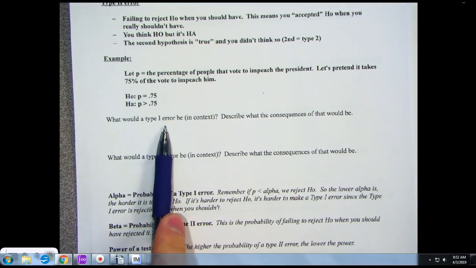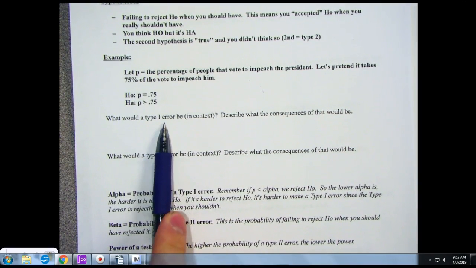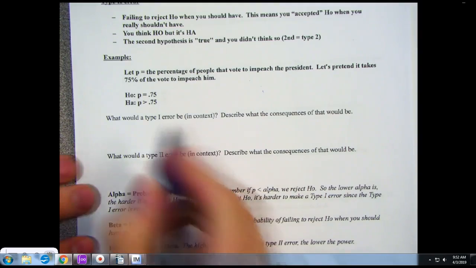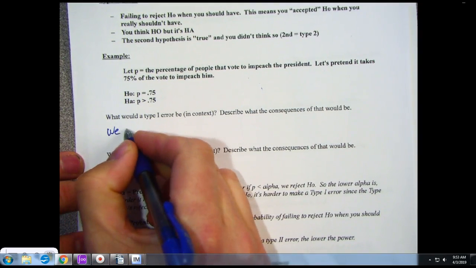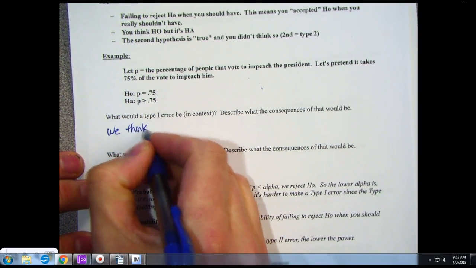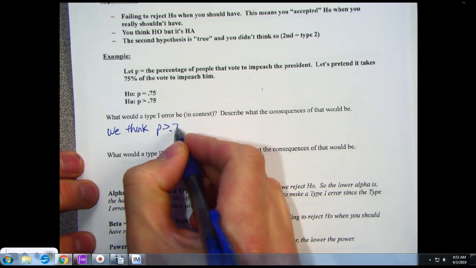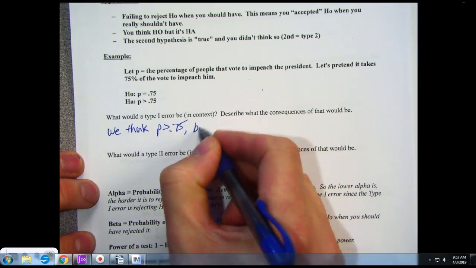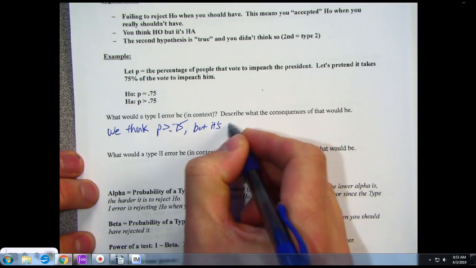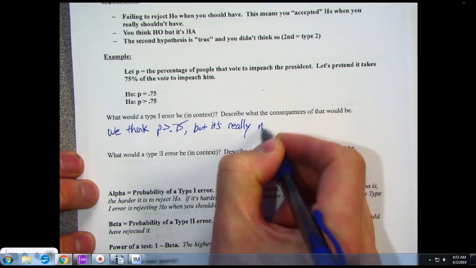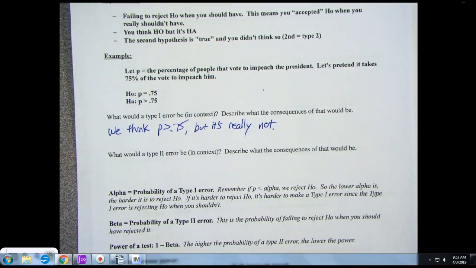So a type 1 error is when we think HA, but it's really H0. So this would be we think P is greater than 0.75, but it's really not.